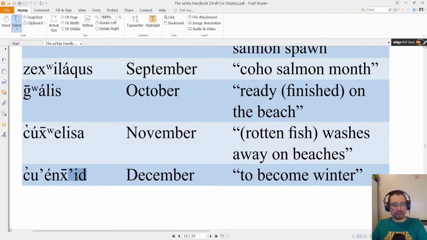It changes from an E sound to an A, gets attached to xa'isla, and then you have xa'isla. So this suffix here, this word ending, means to become. And then xa'isla means winter. So this is actually a very literal definition. Xa'isla means to become winter. So those are the names of the months.